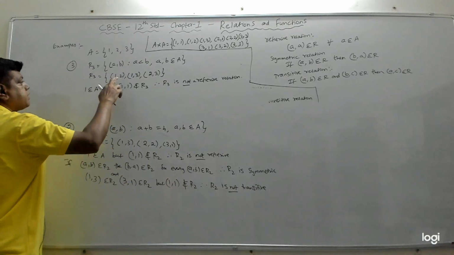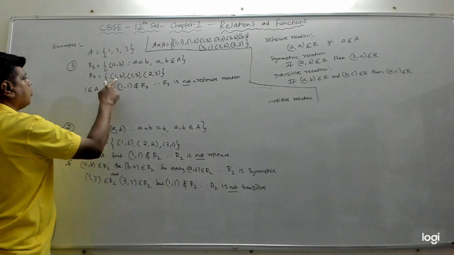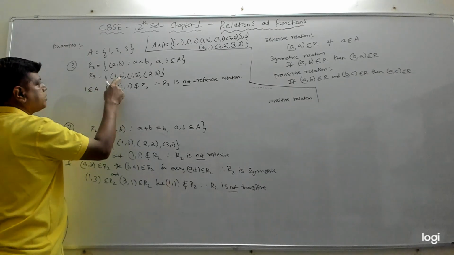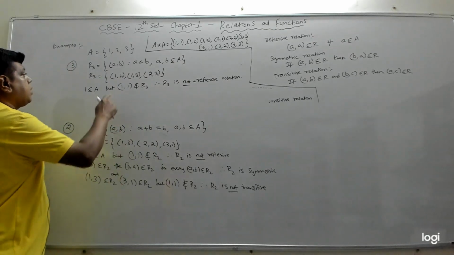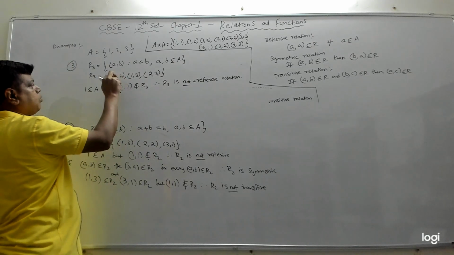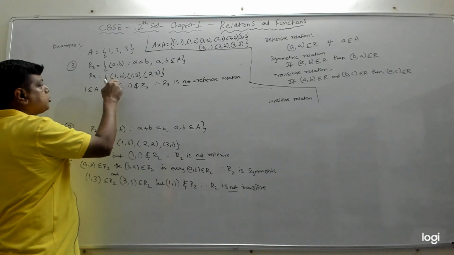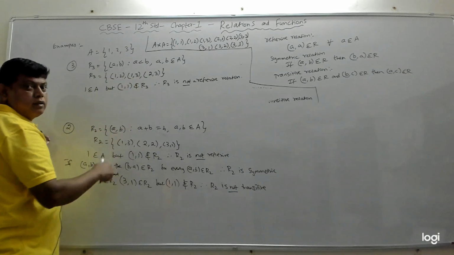Now let's check whether it is symmetric. The condition for a symmetric relation is that if (1, 2) is there, its reverse should be there. The reverse of (1, 2) is (2, 1), but (2, 1) is not there.